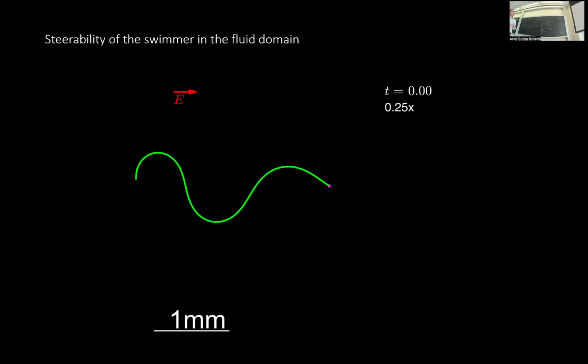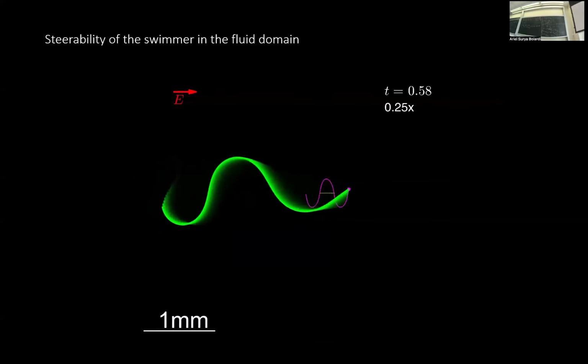Just a small note. I noted that the swimming always occurred towards the cathode. So one thing we thought was that if we rotate the electric field, we could rotate the swimming direction. This is a very long video.